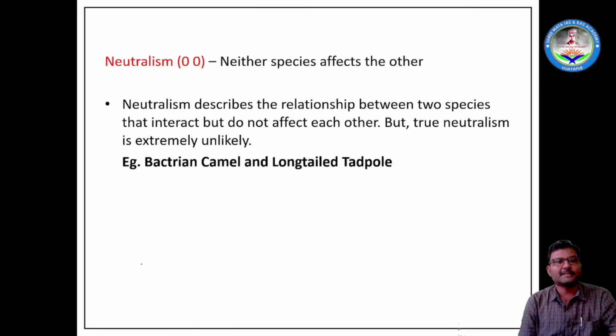The last one is neutralism. Some believe this is a different type of interaction, neither positive nor negative. Here, both live in a particular area, but they do not interfere in each other's life.